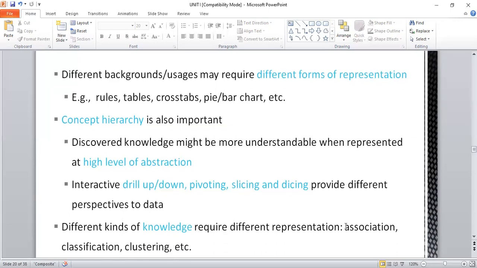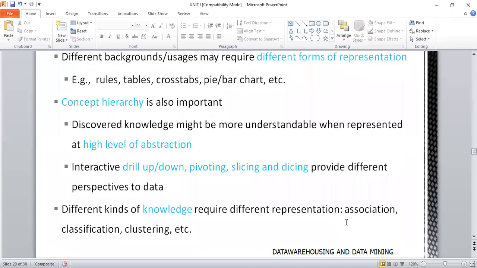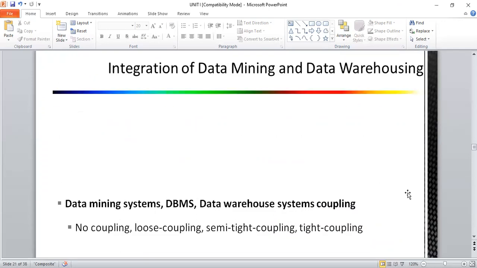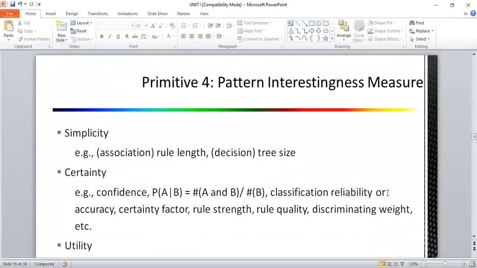Okay. Now, these different kinds of knowledge can be represented by utilizing association, classification, clustering. So this point we have already seen many times in previous slides also. Here, what you have to remember for our representation of discovered patterns, what are different platforms available to us. Okay, so that is your task primitives of data mining. So that's it.